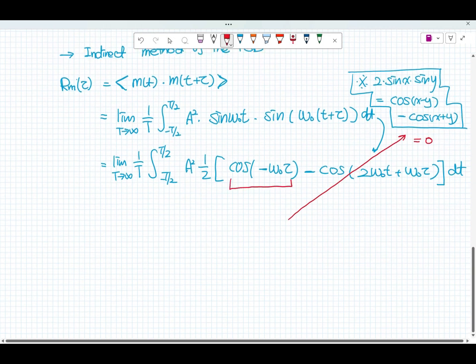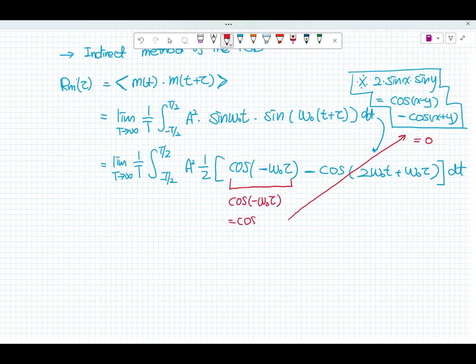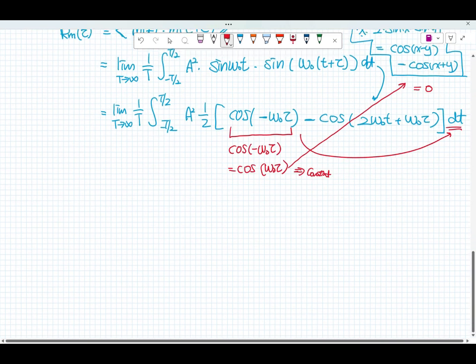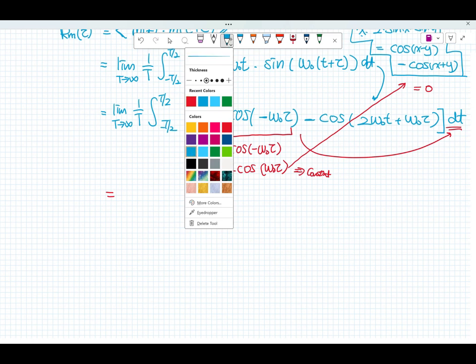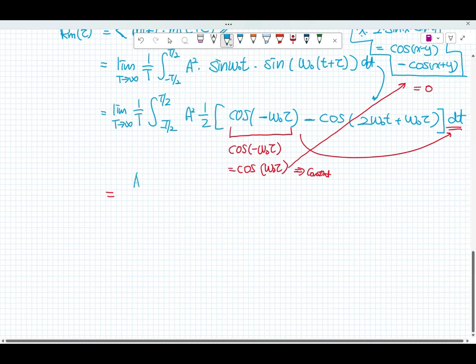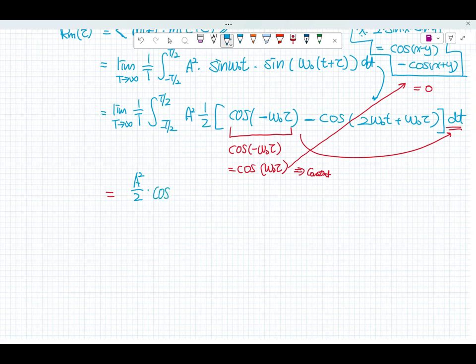The cosine of minus tau is cosine omega 0 tau, a constant, because it is not a function of t. So let's say A squared over 2 cosine tau, limit T to infinity, 1 over T, integral from minus T over 2 to T over 2 of 1 dt.